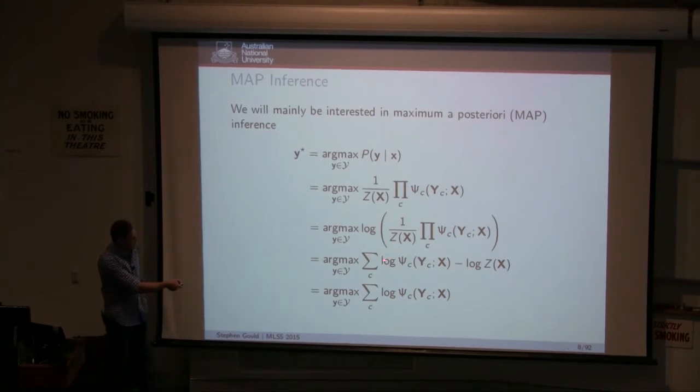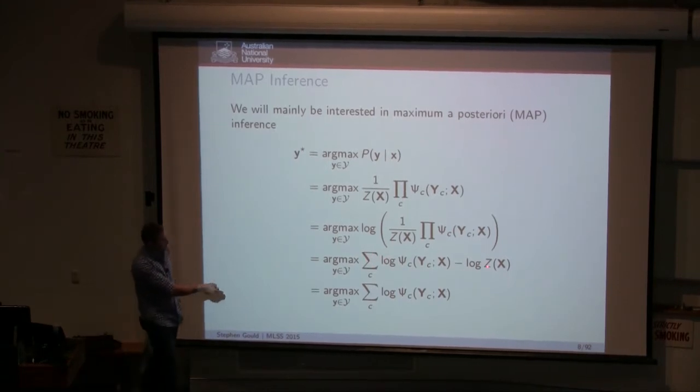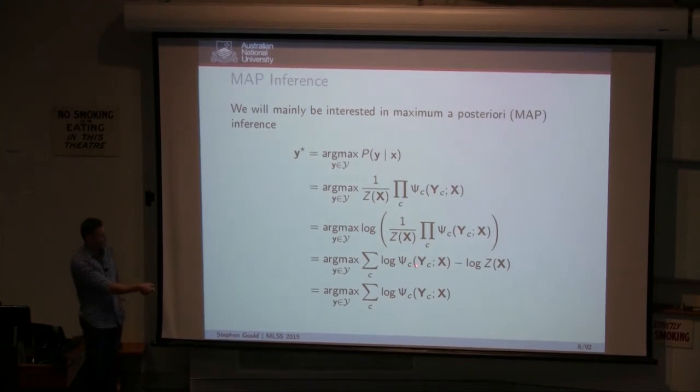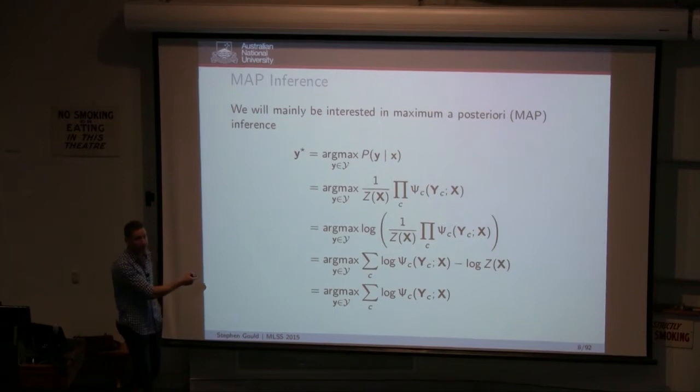And now that we've done this, we notice that we have this term at the end here, which is the log of the partition function, and the log of the partition function doesn't include any variables y, right? It doesn't depend on our output labels. It's a function of x, of the input.